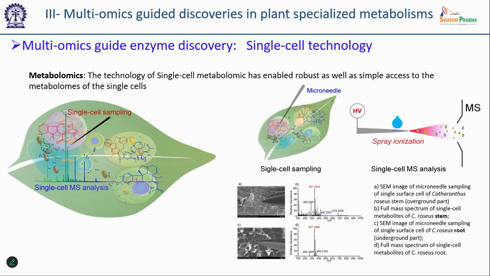So you can, with micro needles, so you need to have a microscope, and you don't take the micro needle directly by hand. It's always manipulated with micro systems. And in this way, you can take the metabolite content of just one cell, which can be linked with the transcriptome of this one cell.